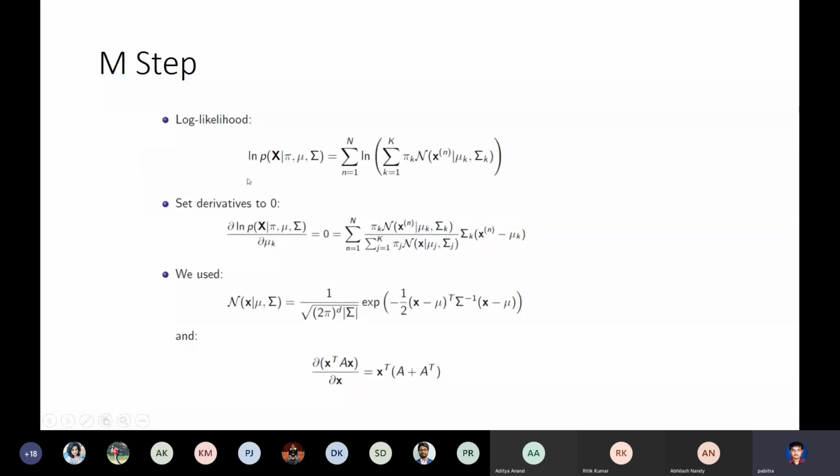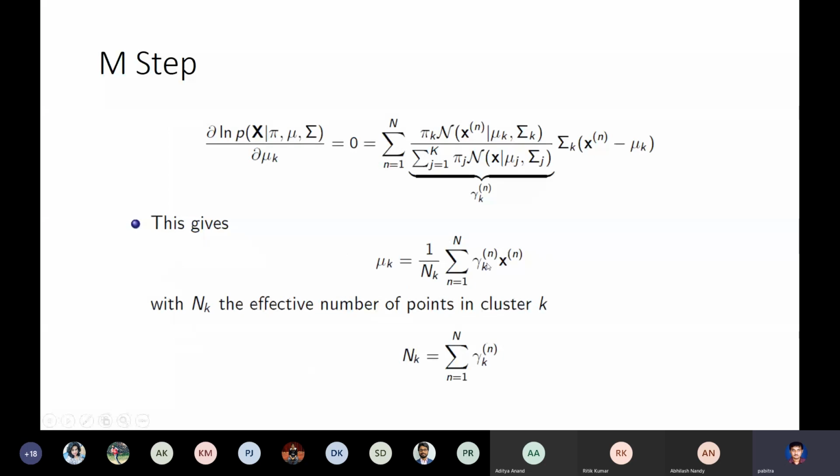And in the M step, if you do all those things, this is just the mu k, sigma k, pi k estimate that we wrote down. For the vector case, it will just look like this. This actually means the simple estimate. This is a derivation of the expression I get by setting the derivative of log likelihood to 0.